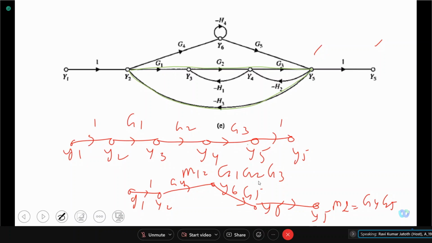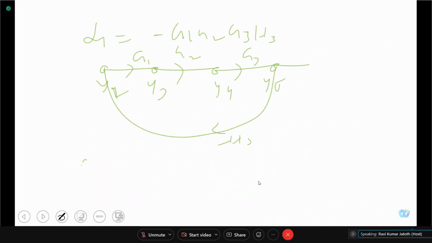Yes. There is one more loop. See, when you start from one node, check all the possibilities. Y2, Y6, Y5, Y2. So this is one more loop.